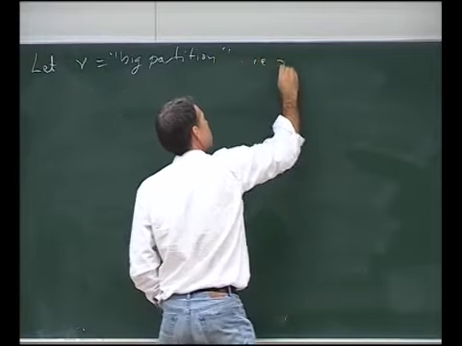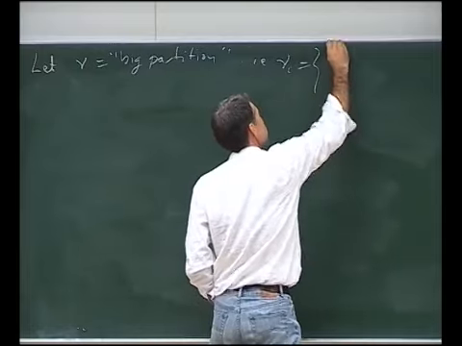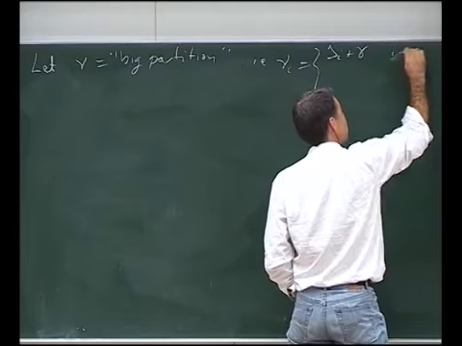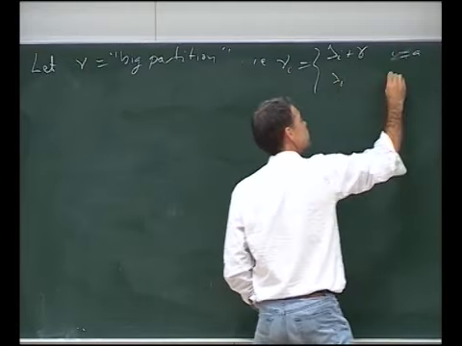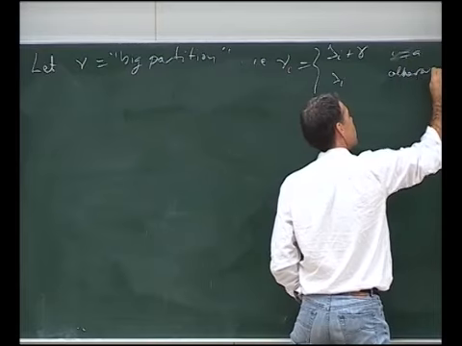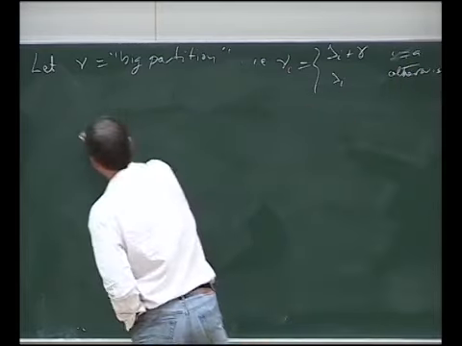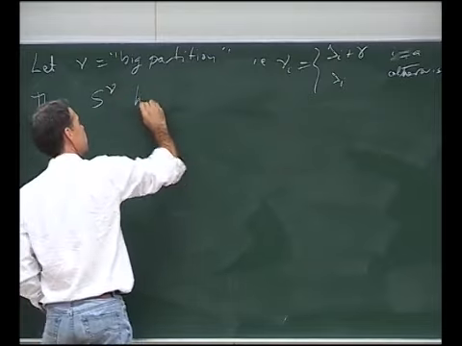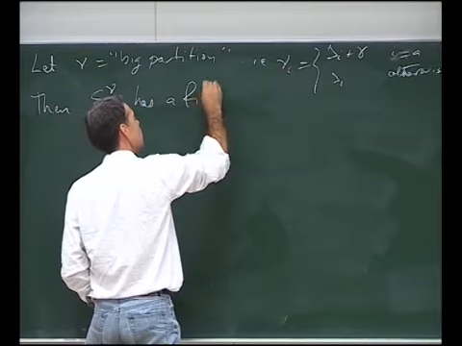So let nu be the big partition here. In terms of parts, it's going to be lambda_i plus gamma if i is equal to A, and it's going to be lambda_i otherwise.